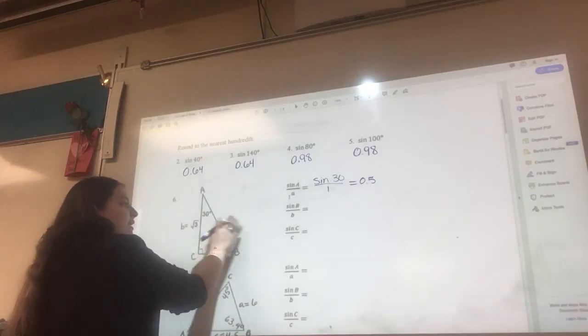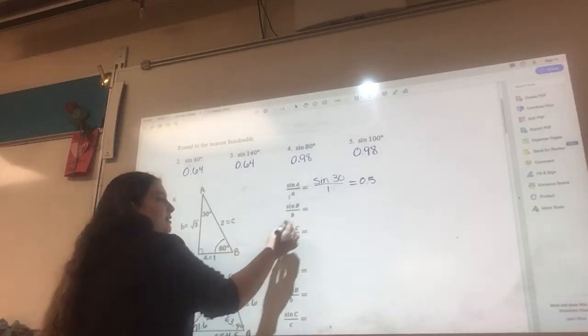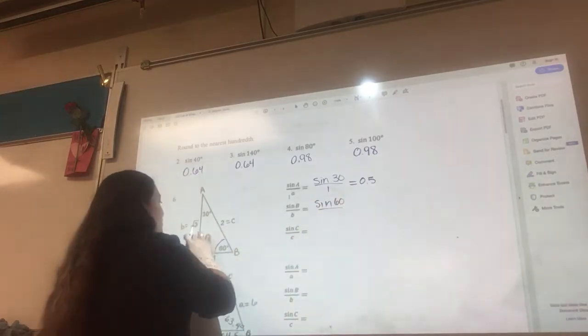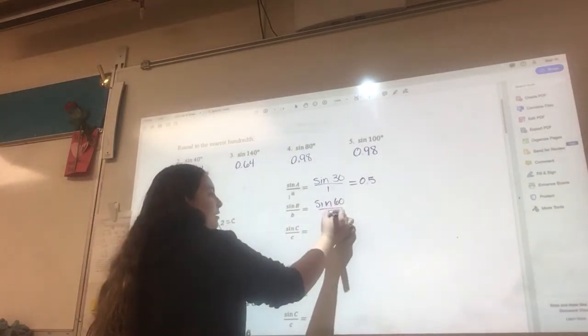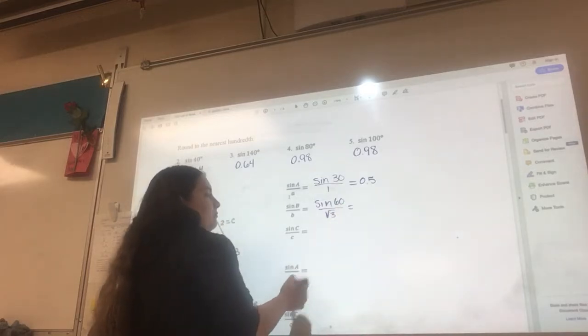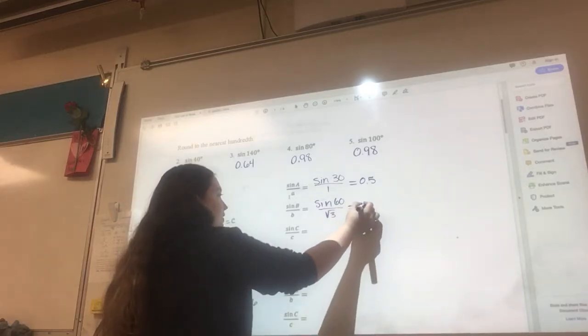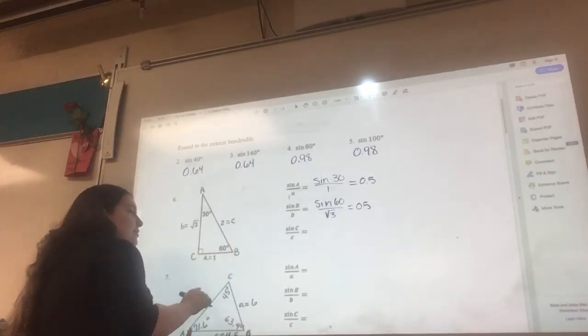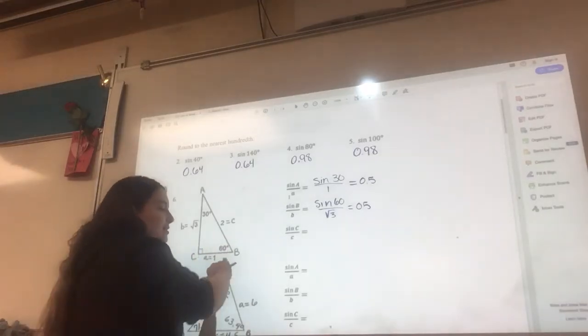I'm going to do the same thing now, but for B, so big B is 60. So we have sine of 60 over little b, which is the square root of 3. That's going to equal 0.5. Huh. I'm now going to go to sine of C. Again, we have a box, which means it's 90 degrees.